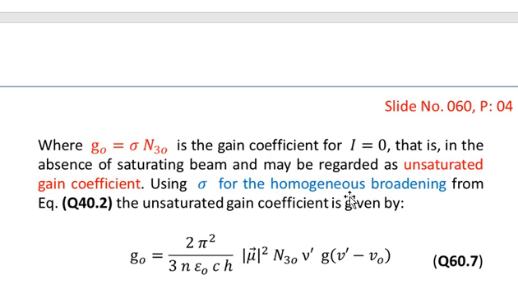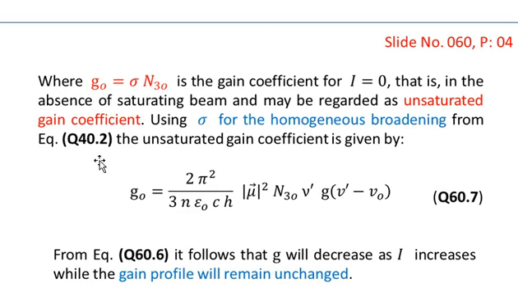Using sigma for homogeneous broadening, following equation number 40.2, the unsaturated gain coefficient is given by G naught equal to sigma times N30. Here we are putting the value of sigma from equation number 40.2.